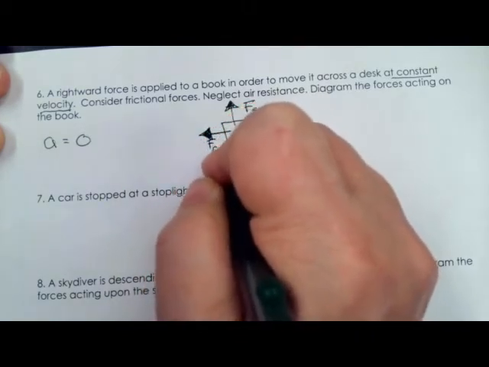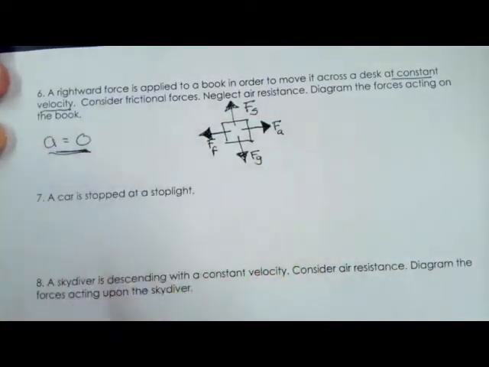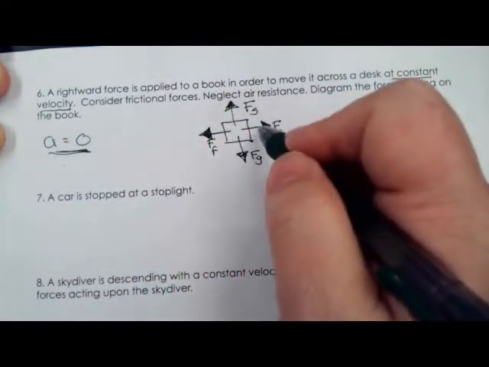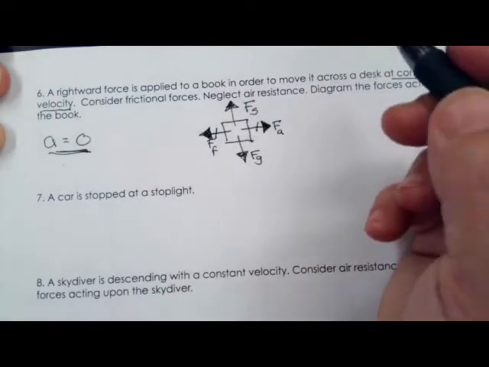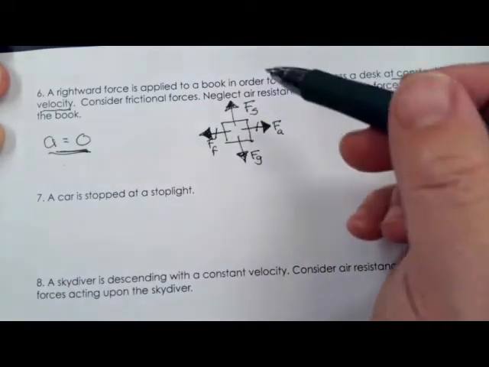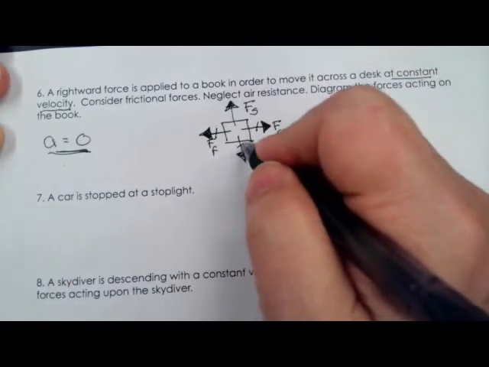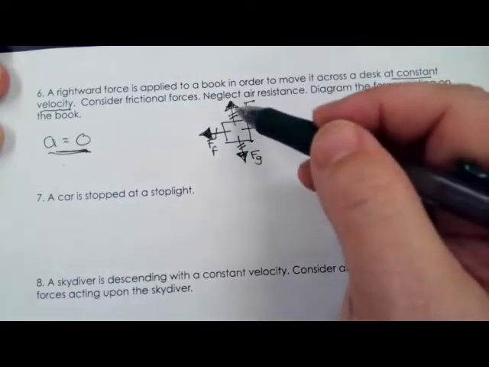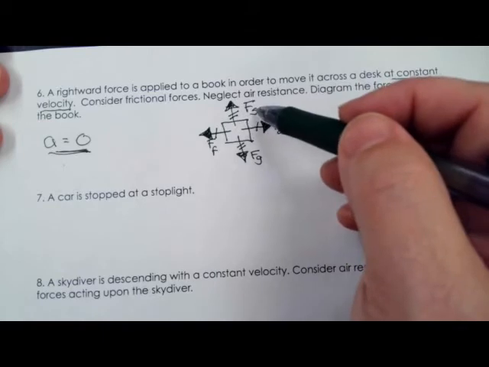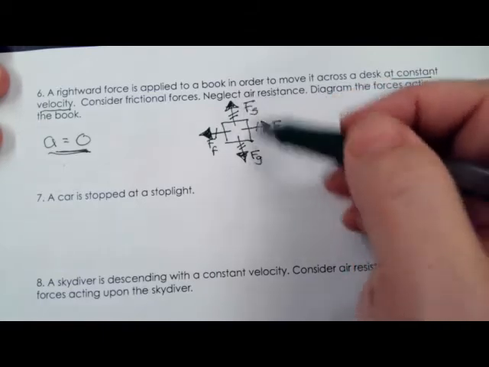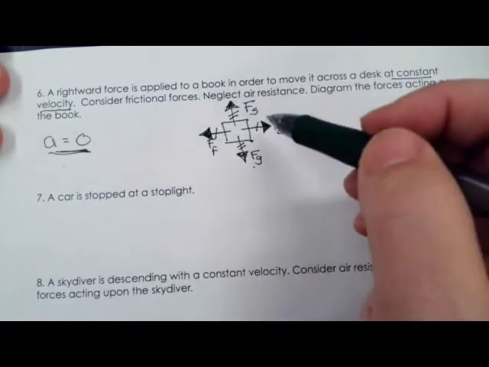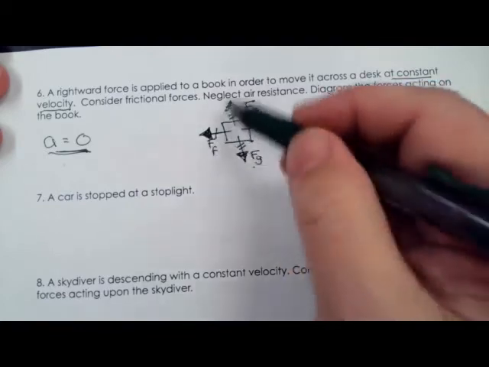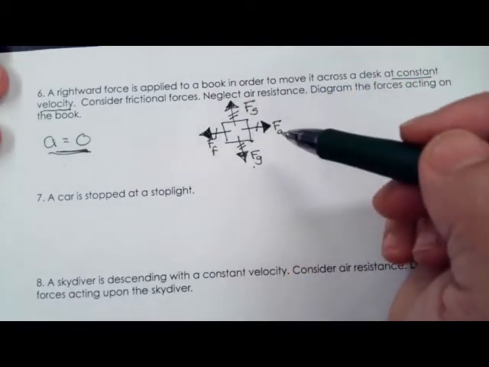Now, because it has an acceleration of 0, that means that the force applied and the force of friction have to be the same. And because it's not falling through the desk, that means that the force of gravity and the support force have to be the same. Notice I used 2 hash marks for these 2 forces and only 1 for those, because if you use 1 hash mark all the way around, it means that all the forces are equal.